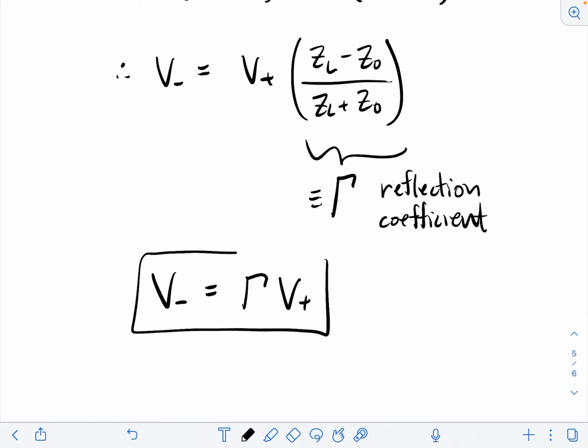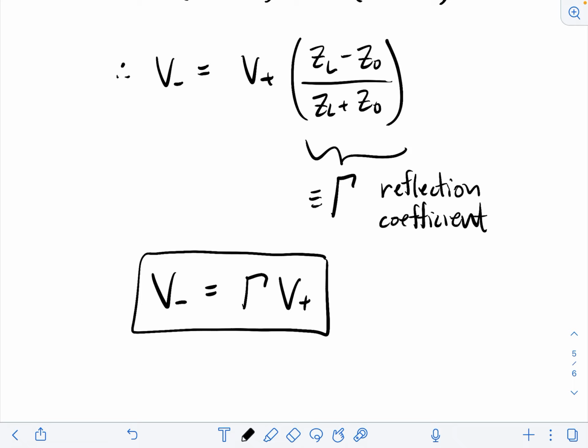And so you may have wondered in the previous video, when we started talking about signals propagating along positive Z and also signals propagating along negative Z, what was the origin of the signals that were coming back along the negative Z direction?